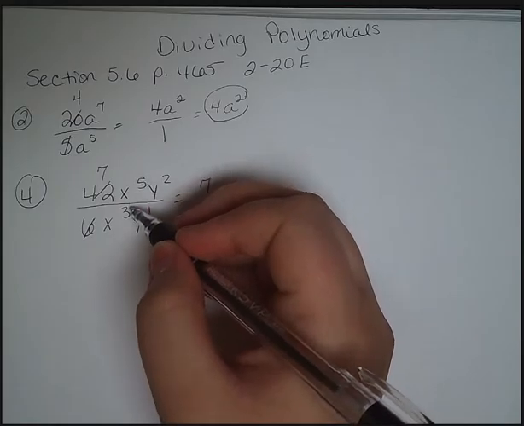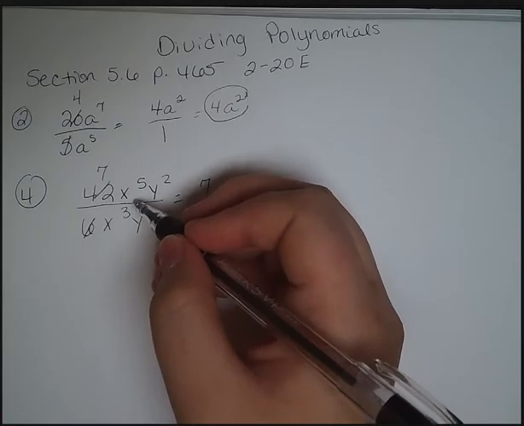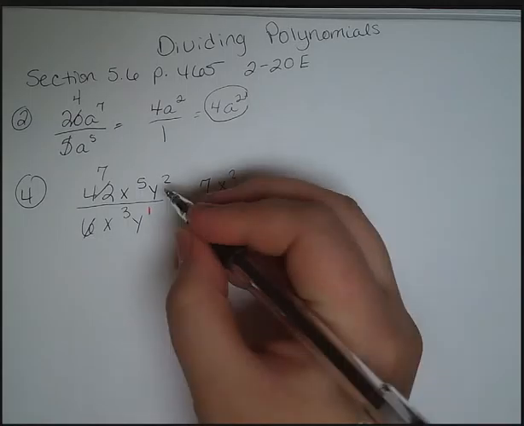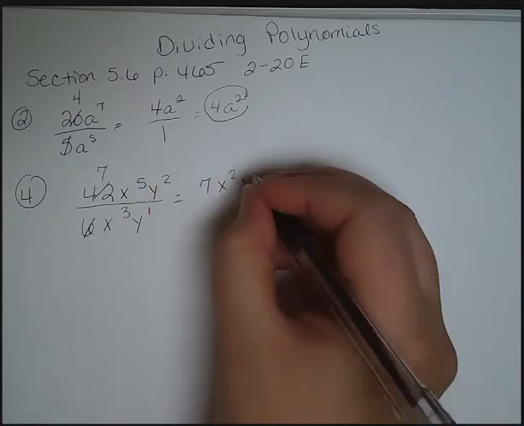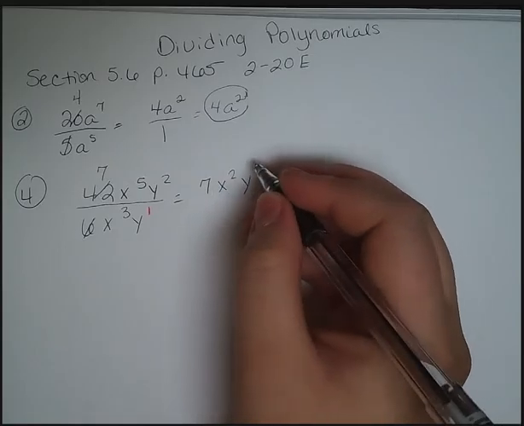Remember, when you divide your bases, you're going to subtract those exponents. So that gives you an x squared on top. And then y squared divided by y to the 1 is just y, because 2 minus 1 gives you that understood 1. You do not have to write that 1 up there, but if you want to, you can.